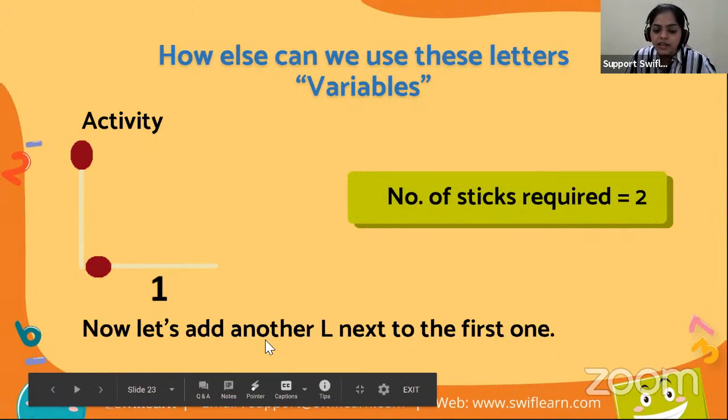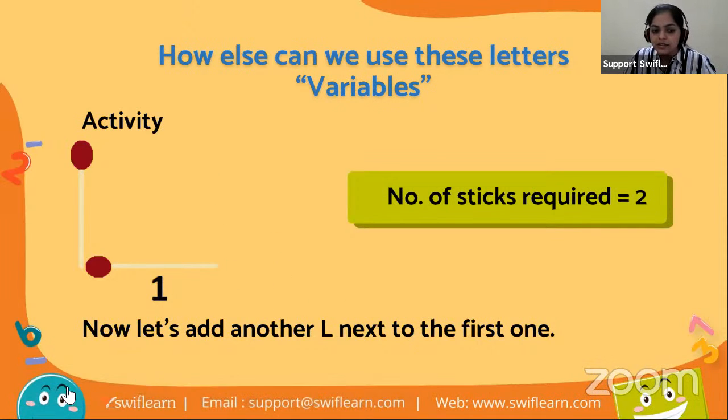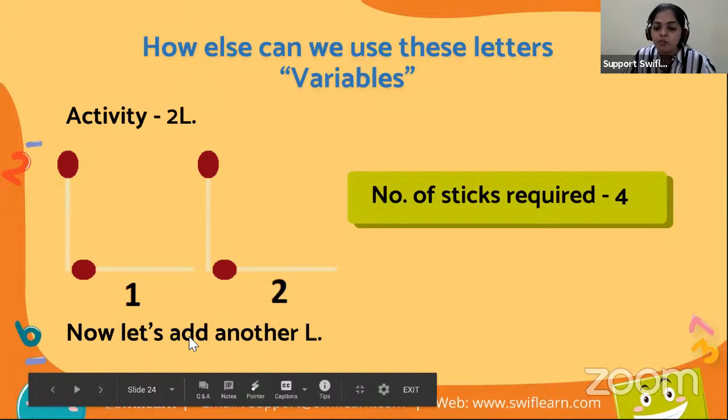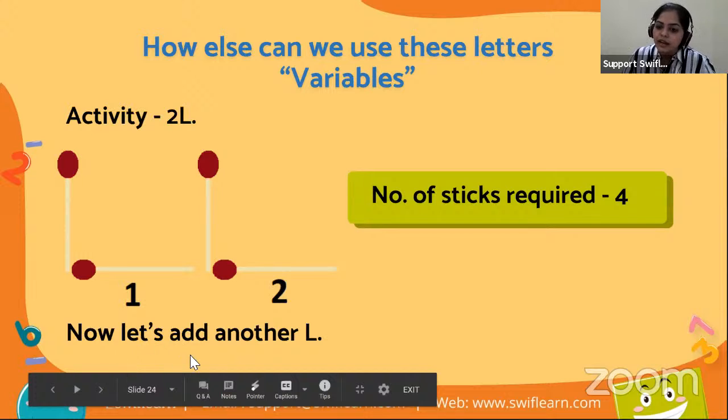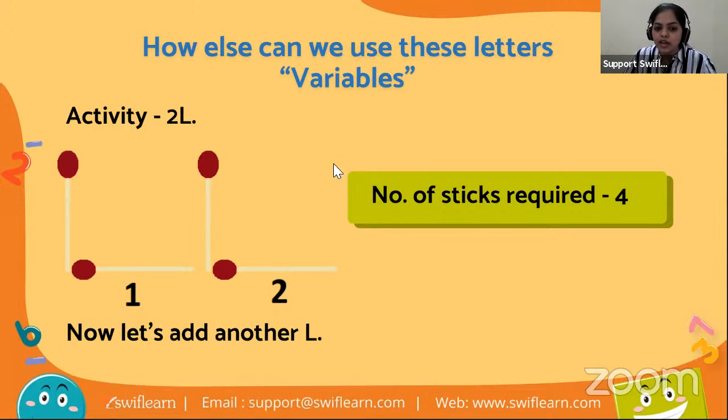Now, if I add another L next to the first one, the question arises, how many matchsticks are required? At this time, I require 2 more matchsticks, and in total I have 4 matchsticks. All right. Let's add another L and see what happens.